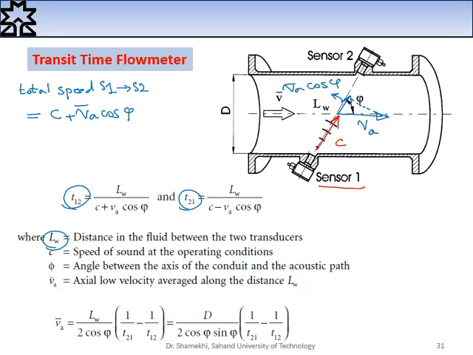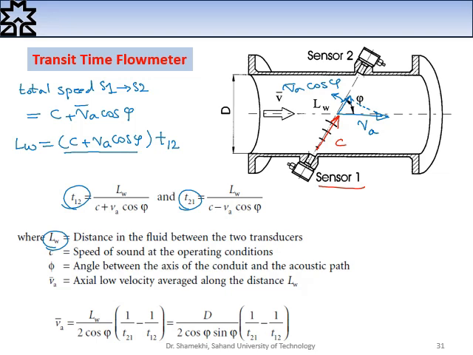And to travel from sensor 1 to sensor 2, the distance LW, we need a time t12 multiplied by the speed of sound in this path.